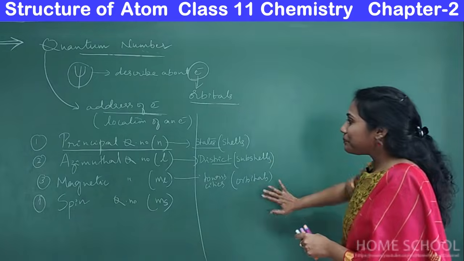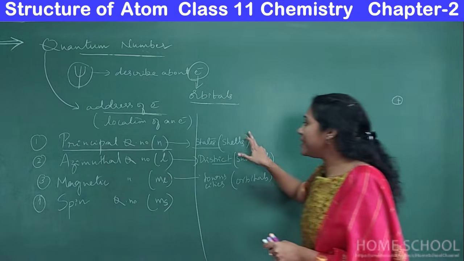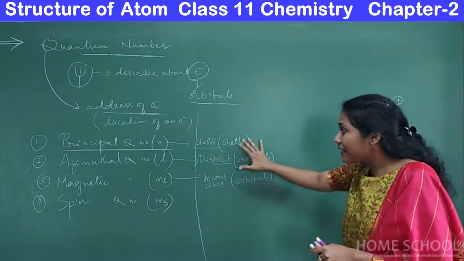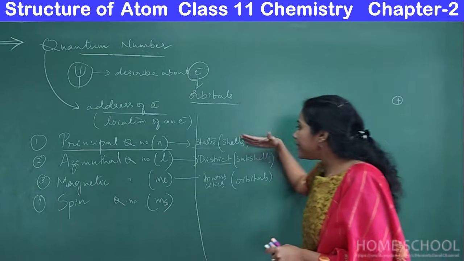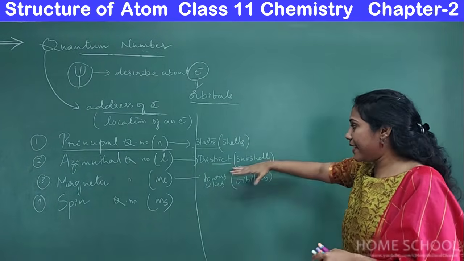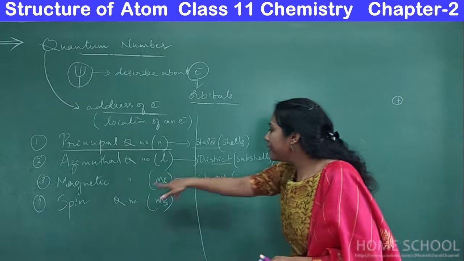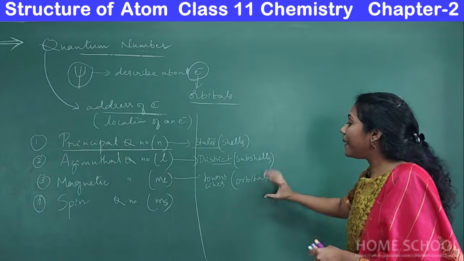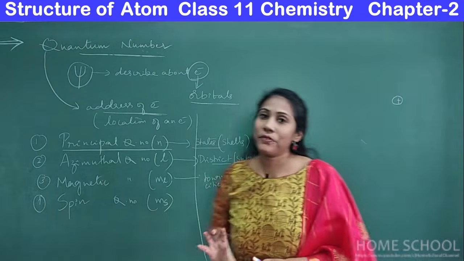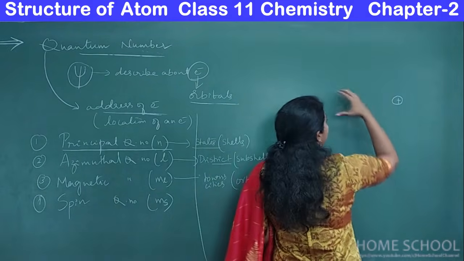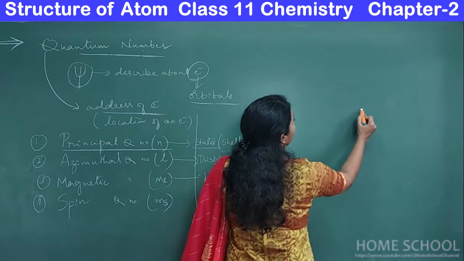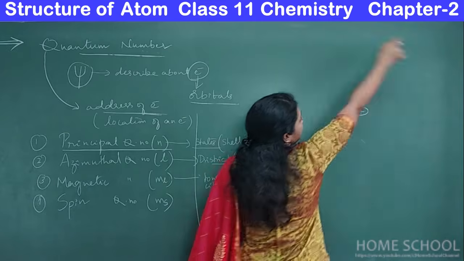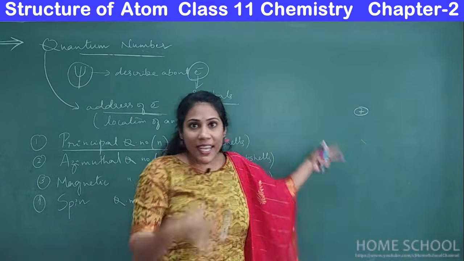So the principal quantum number is talking about the state, I mean the shells. The azimuthal quantum number talks about the districts, that is the subshells. The magnetic quantum number is talking about the actual orbitals. The entire space around the nucleus is first divided into shells.